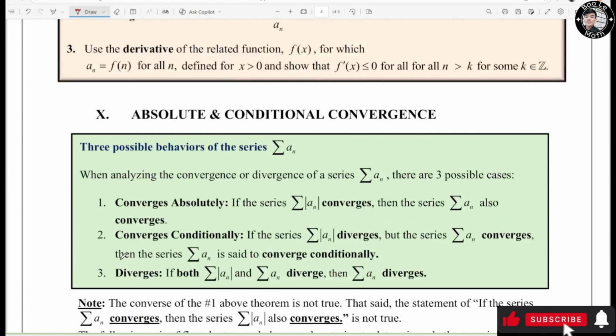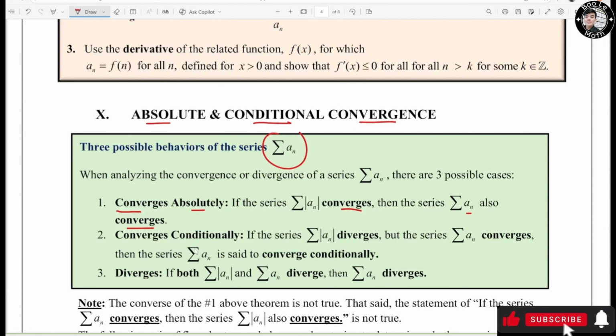Now, the last one we're going to talk about is absolute and conditional convergence. We have three possible behaviors of the series a sub n. When analyzing the convergence or divergence of a series a sub n, there are three possible cases. The first one, the series converges absolutely. If the series of absolute value of a sub n converges, then the series a sub n also converges.